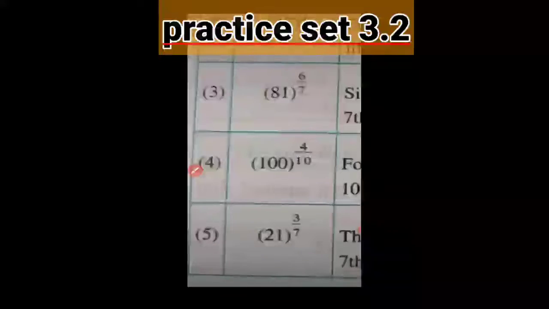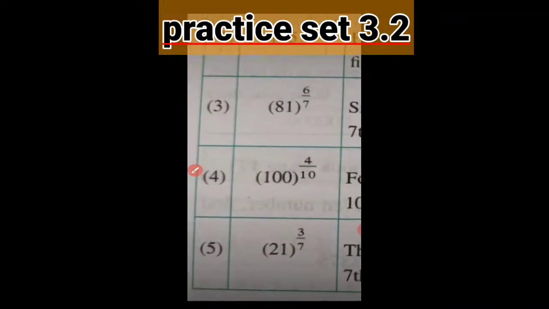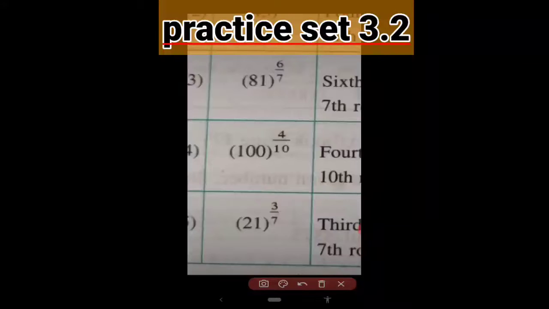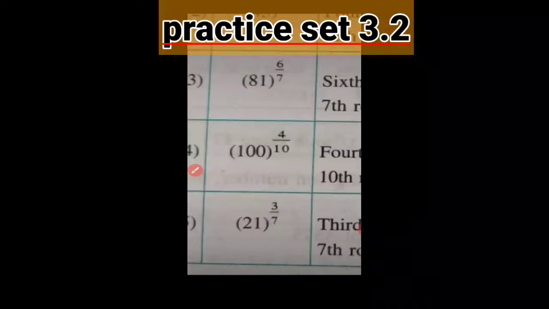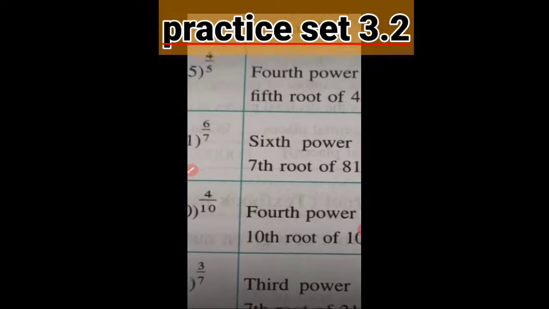Which is the root? Seventh root. So the seventh root of the cube of 21, or the seventh root of the third power of 21. In this way, we can read and write this index form number in words. Okay. See this.